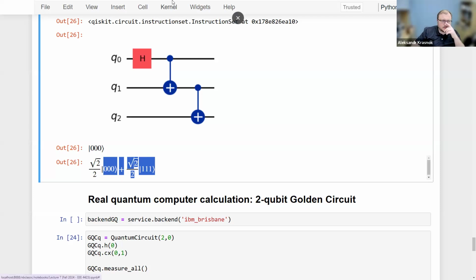Yeah, again, it's pretty tricky because we don't observe these effects in our classical world, but this is how the quantum world behaves.